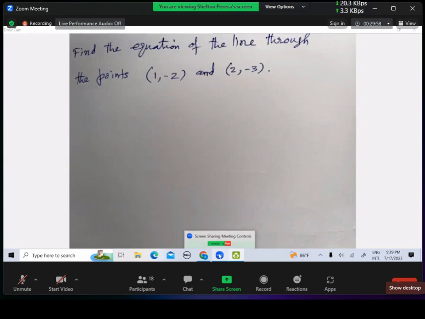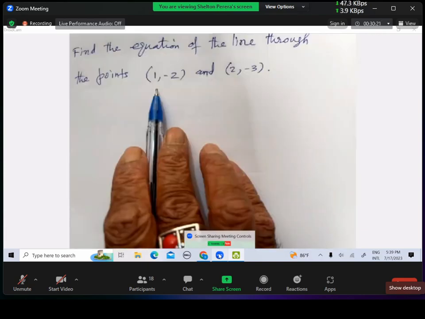Now you cannot apply the point slope form directly. Not 1 point but 2 points are given. So there is a 2-point form. I don't want you to memorize all that. Just the point slope form is enough for this also.